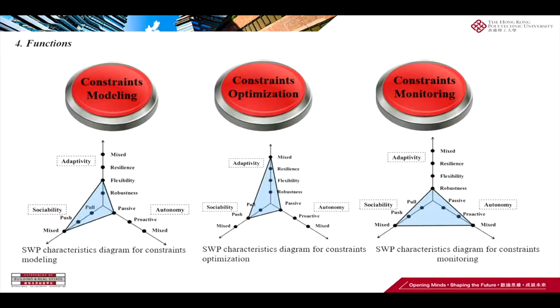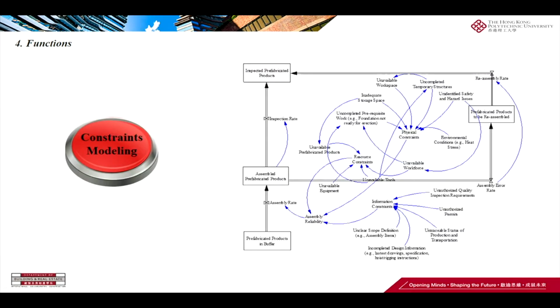We have defined three functions of the smart packages, including constraint modeling, constraint optimization, and constraint monitoring. For constraint modeling, we first identified the constraints from the literature. You may have noticed the variables in the system dynamics diagram, like inadequate storage space and uncompleted temporary structures.